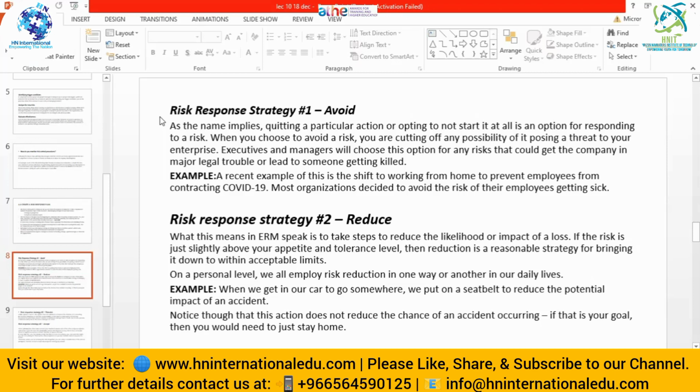Secondly, your employees' health comes first, so you will save your employees' health and avoid them getting sick. That is the risk response strategy to avoid some types of risk. Now you understand what type of risk we have to avoid.